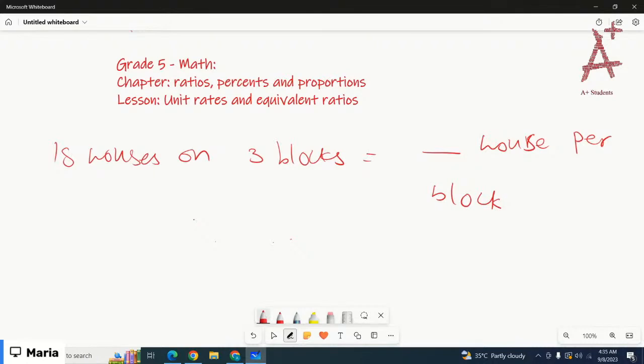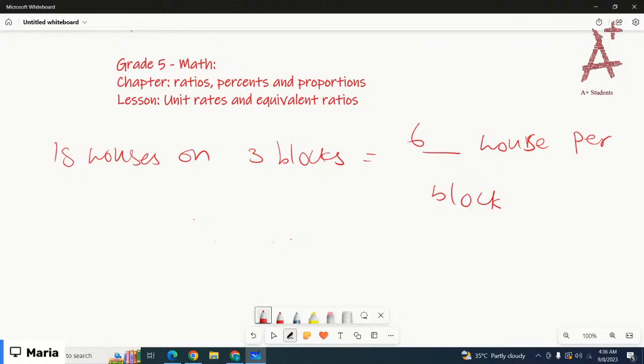Which is the correct option? Yes, that would be 6 houses per block, right? Because you have to divide 18 by 3, and 3 times 6 is 18. So each block you have 6 houses. Very good. The correct option is 6 houses.